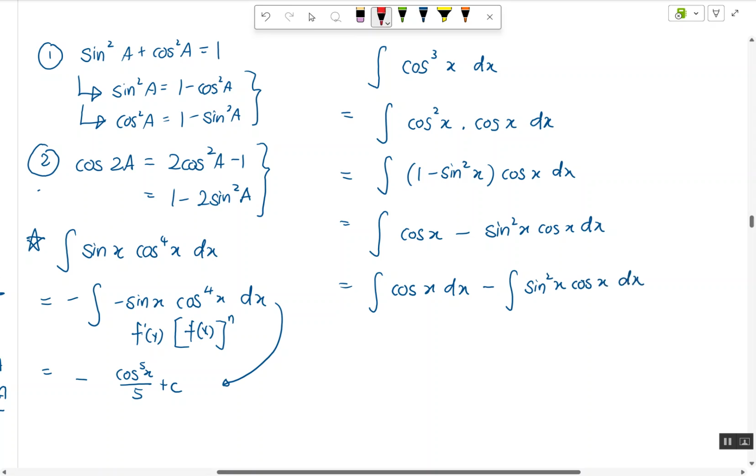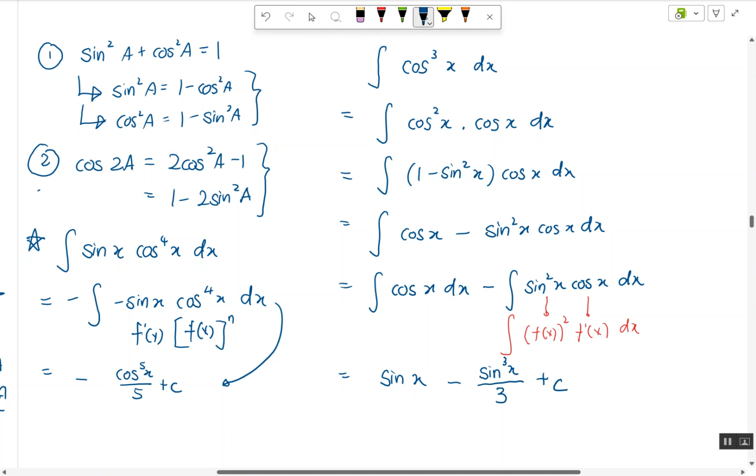This would be your skill number 1, where this is f(x) to the power of 2. Differentiate sine, what do I get? Cosine, right? Which happens to be f prime x. What is the integral of f prime x times f(x) to the power of 2? Integrate cosine, this would be just sine x. Integrating this would be f(x) to the power of 3, so this will be sine cube x divided by n plus 1, 3, plus c.